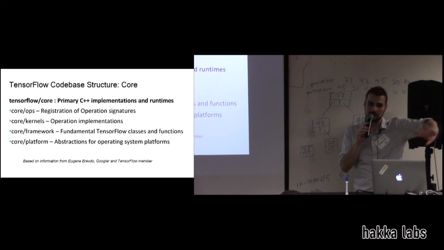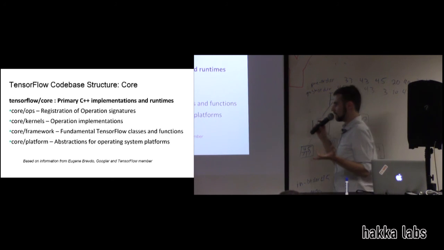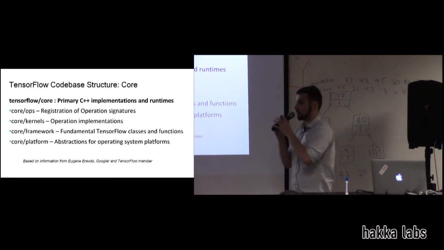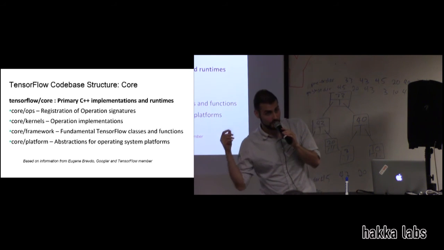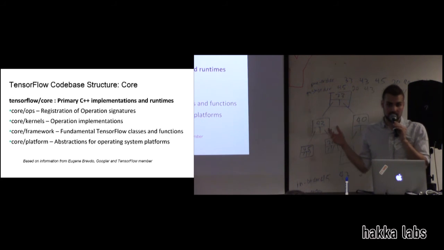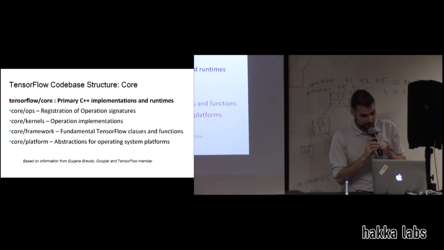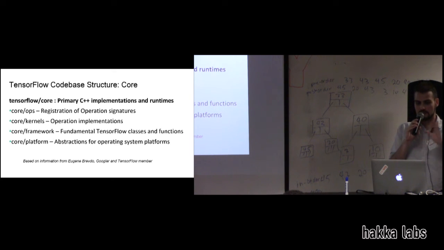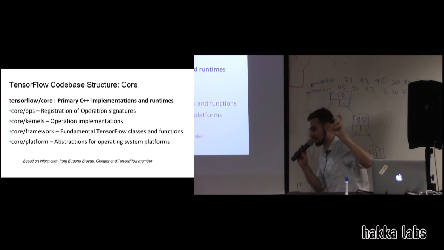The big important folder that you'll see is core. Core has pretty much all the C++ implementations. It has the kernels, it has the framework itself, and it has the so-called registration of the operations. So inside of TensorFlow/core, you have these further folders. Ops is the registration of the operation signatures.